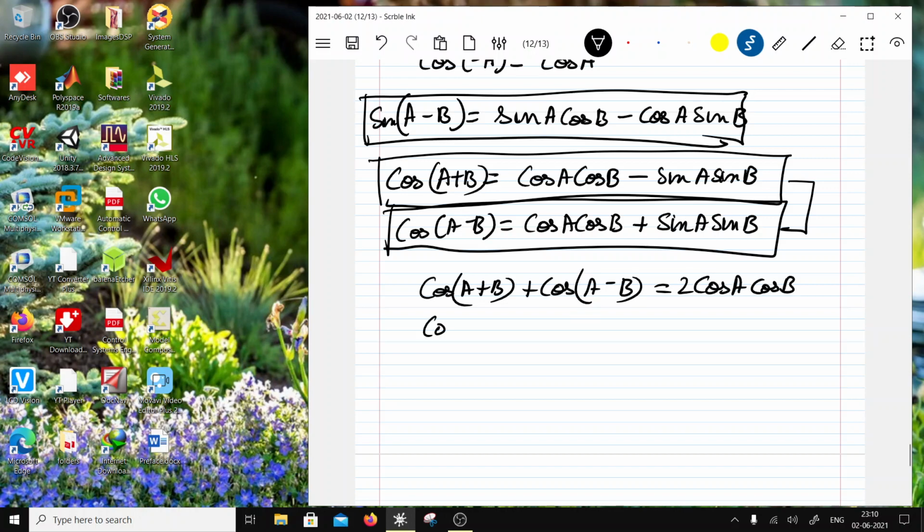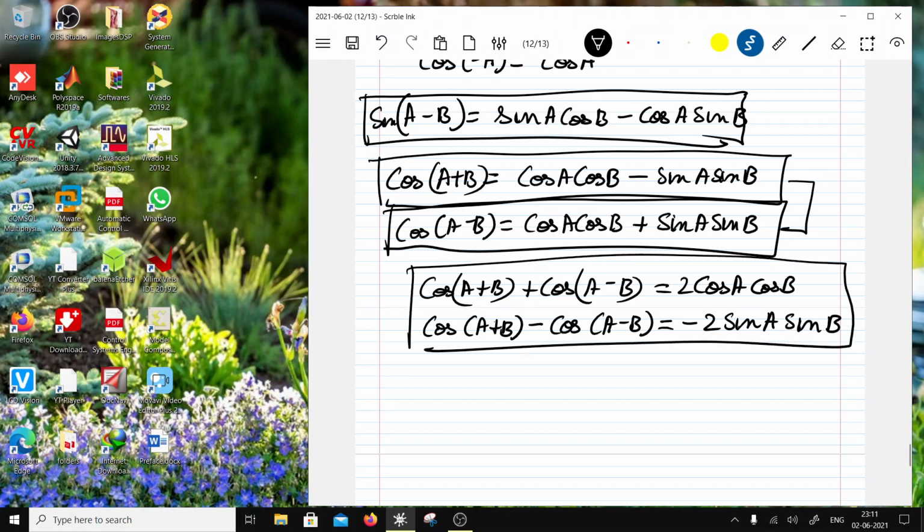And then I can say cos of a plus b minus cos of a minus b, then this is going to be equal to minus 2 sine a sine b. Okay, so this is a derivation from these two.